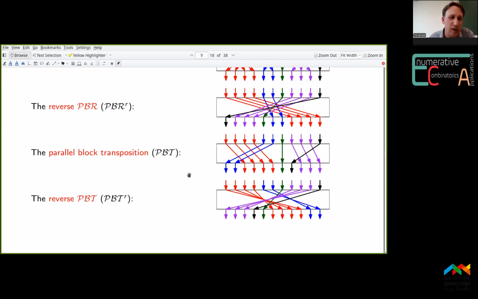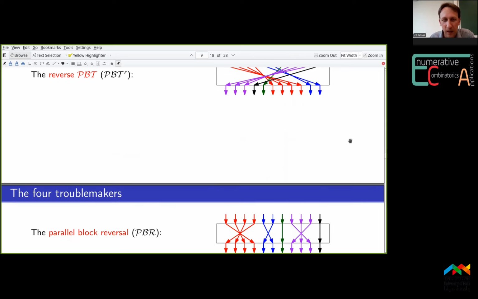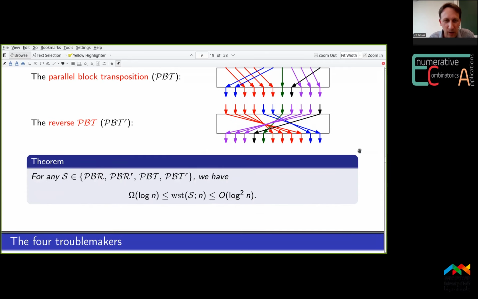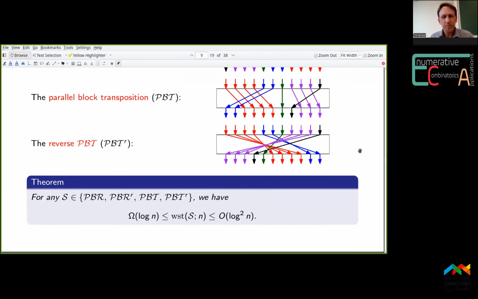So that's parallel block transpositions, and reverse parallel block transpositions are the same, except I again reverse the whole sequence afterwards. And all these classes are classes for which I do not know their worst case sorting time, and as far as I know, nobody else knows either.